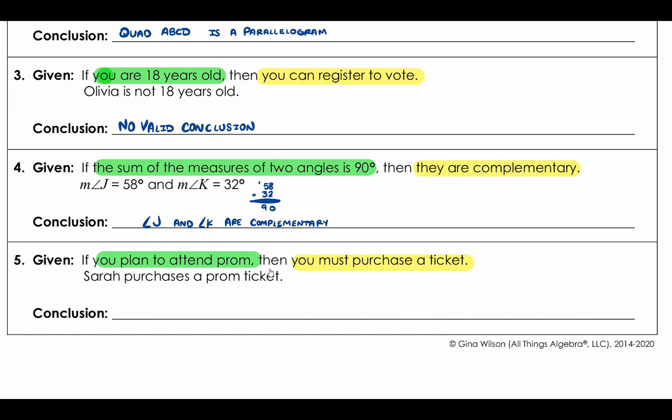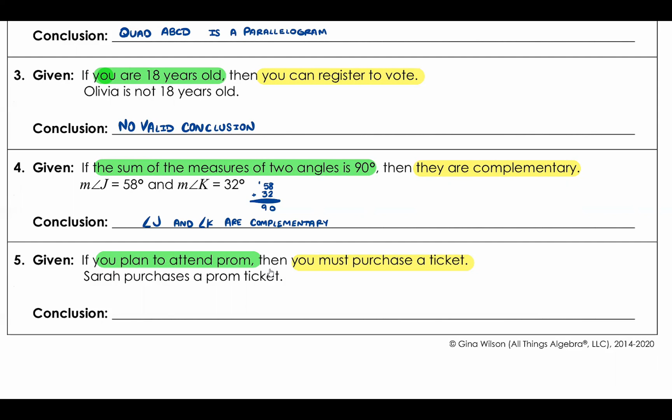What conclusion can we draw? What is it? Sarah's going to prom? What was our hypothesis? Does Sarah plan to go to prom? Why? Does that mean she plans to go?